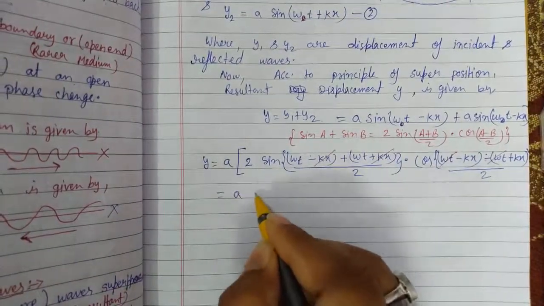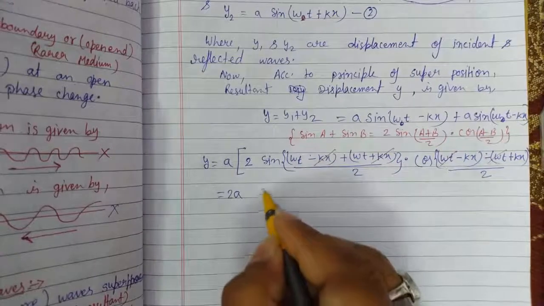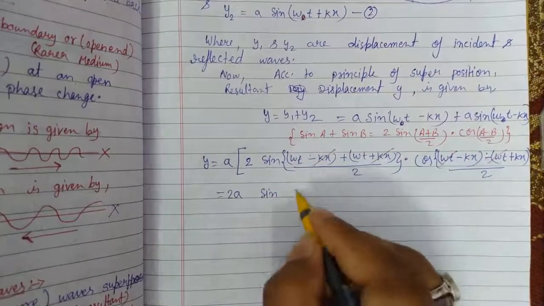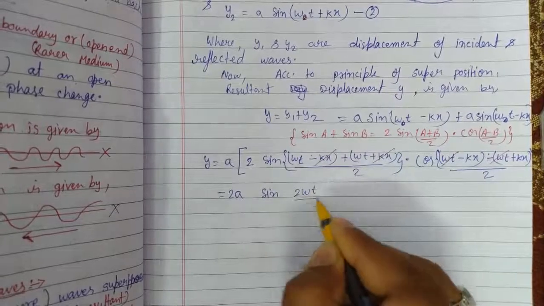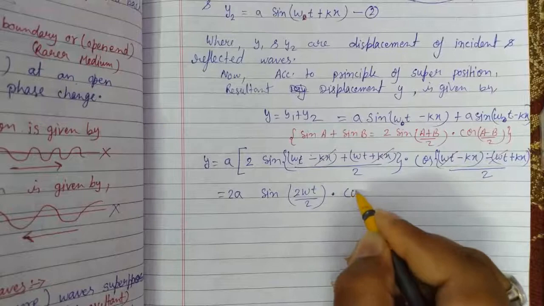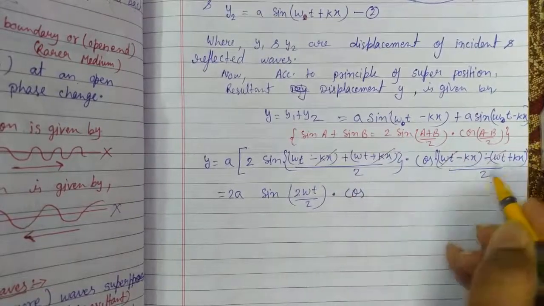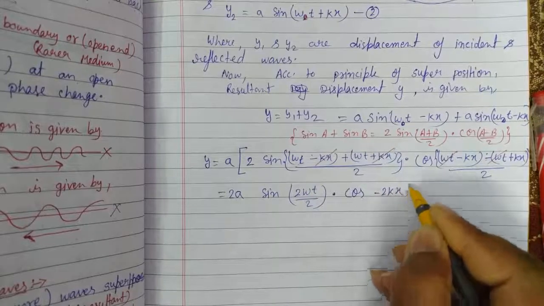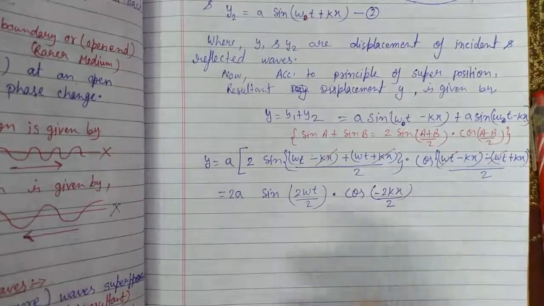Therefore we get 2a sine of 2 omega t upon 2 into cos of minus 2kx upon 2.